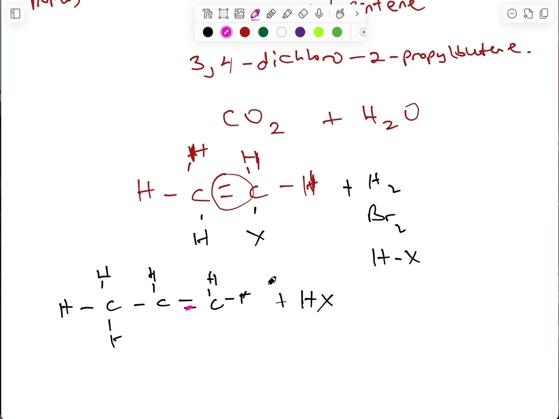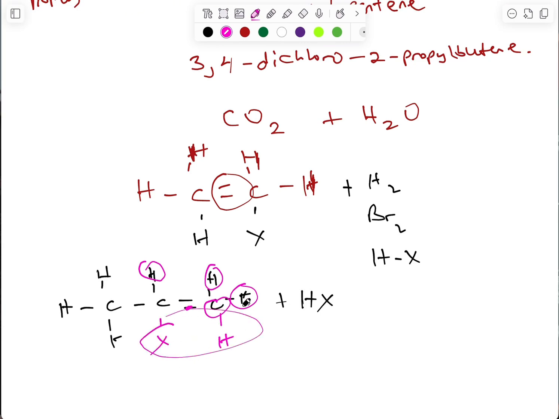So if you look at this carbon, how many hydrogens do you have here? You have 1, 2. How many hydrogens do you have here? 1. So therefore, hydrogen will go to this place. Markovnikov says hydrogen goes to the side with more hydrogen, then the halogen will go to this place. So you have X in this place.